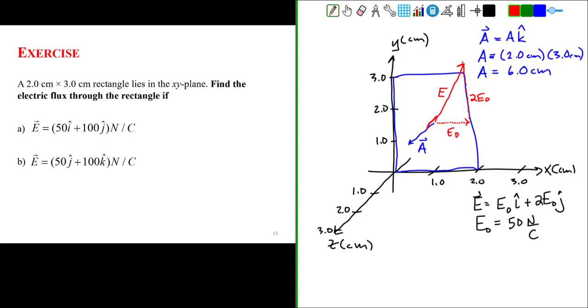Therefore, I know conceptually the flux should be 0, because we only have electric flux if electric field lines cross the plane of a surface. Here it doesn't. Let's illustrate that by taking a top-down view of our coordinate system.